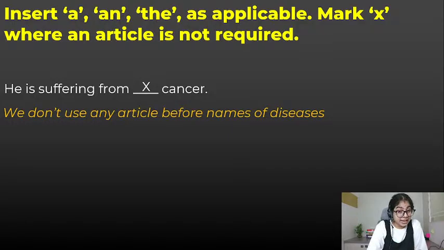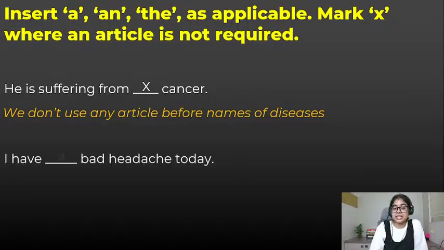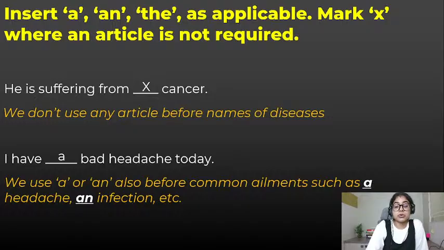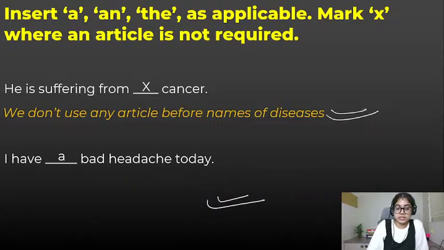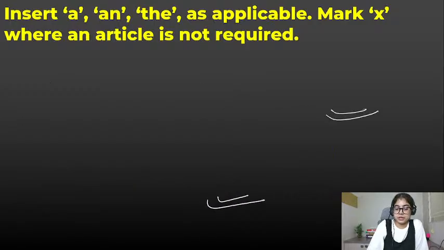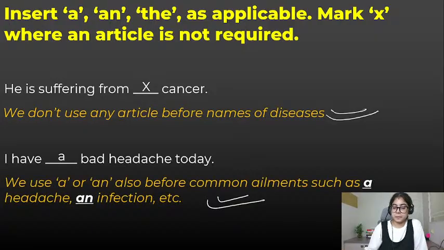But you can definitely say, I have a headache, I have an infection. क्योंकि ये diseases नहीं है, ये symptoms हैं. तो ailments या symptoms के आगे articles a और an लग सकता है, but diseases के आगे कुछ भी नहीं लगेगा. This is the 13th rule.